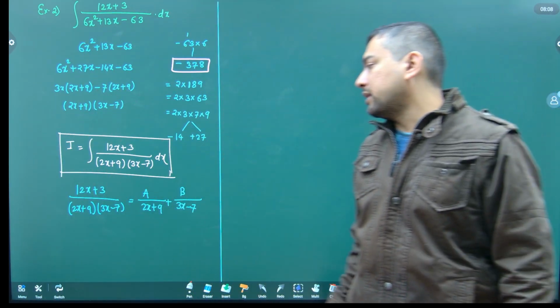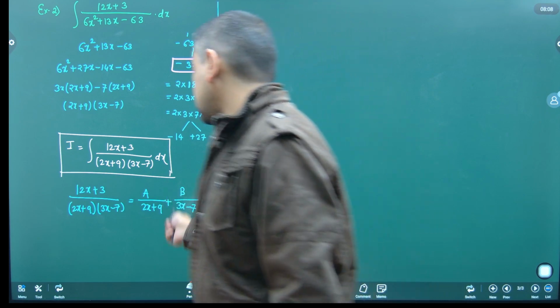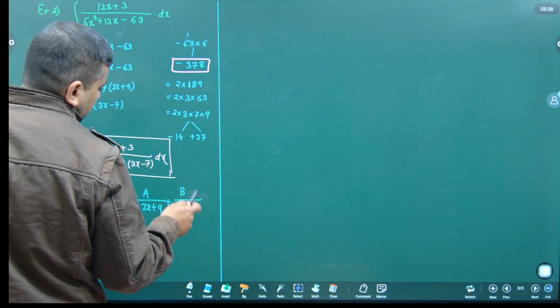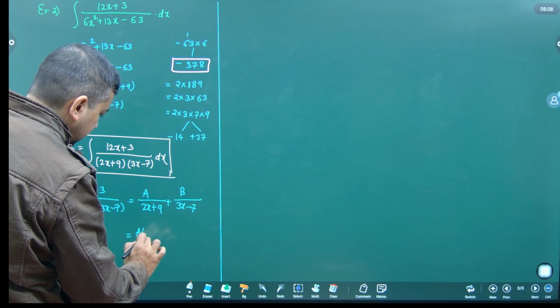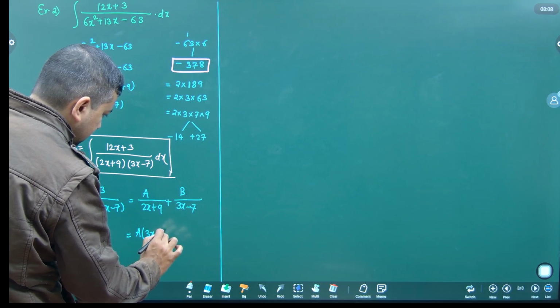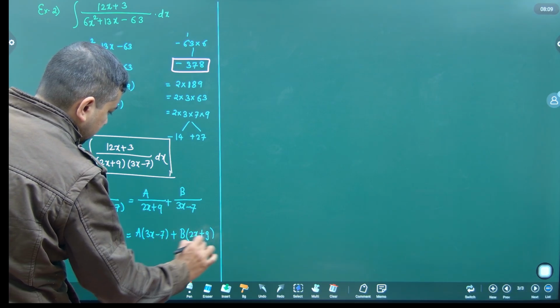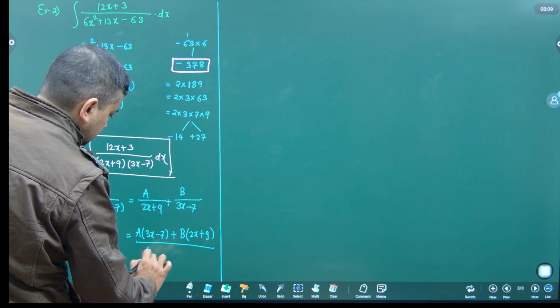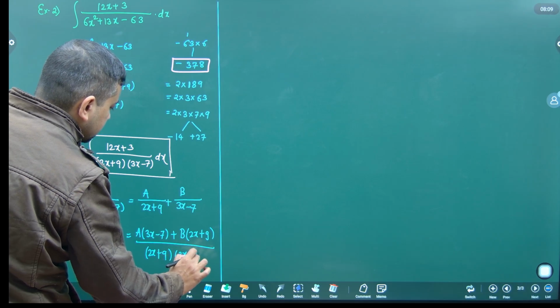Correct? Okay. Again, you have to follow the same procedure. Let us do the LCM, or now as there are only two terms, you can do the cross multiplication. It will be A(3x minus 7) plus B(2x plus 9) divided by (2x plus 9)(3x minus 7).